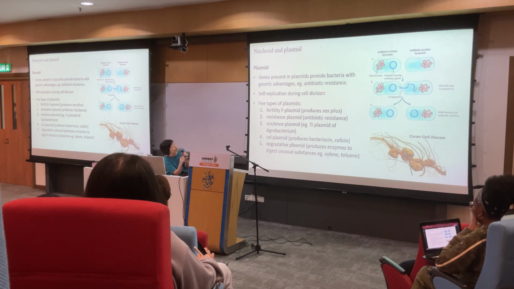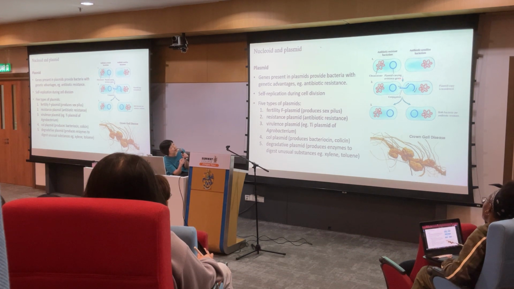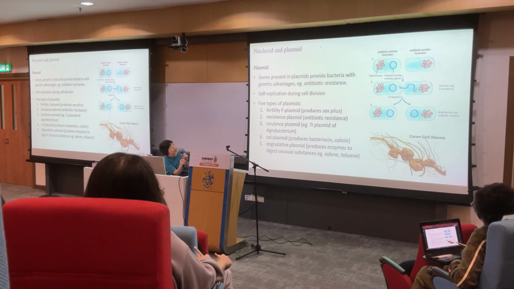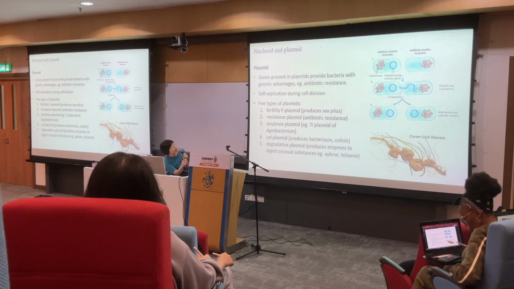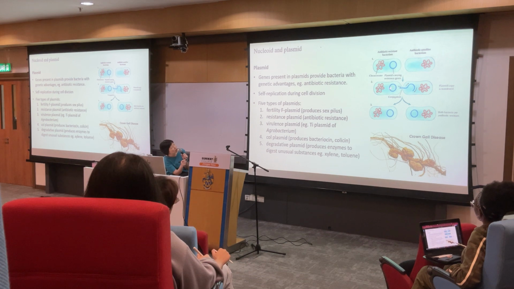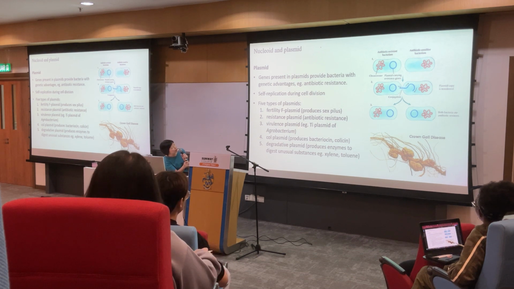Cell replication I will talk about later. First, the fertility F plasmid: they produce pili and can mate with other cells. Then the resistance plasmid, meaning the plasmid carries the gene coding for antibiotic resistance. Then the virulence plasmid, which is present in bacteria such as Agrobacterium that affect plants.